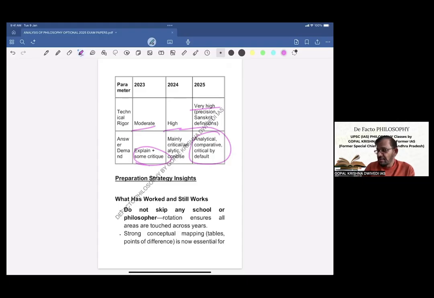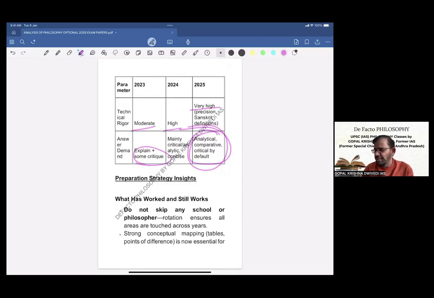So this can be the most important characteristic of the 2025 exam papers, particularly Paper 1. Paper 2 I will come to again, but some analysis of Paper 1 applies to Paper 2 as well. So that we should also understand.